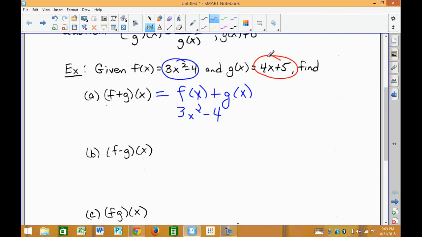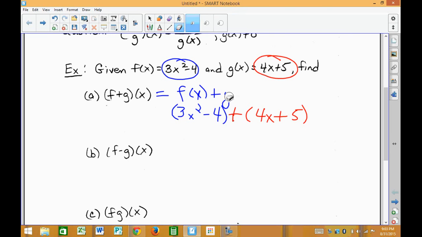So g of x plus, and I like to put functions in parentheses, and I apologize, I forgot the parenthesis on f of x. And we really should say that. So we're putting f of x, which is in blue, and we're adding g of x, which you can see as in red.